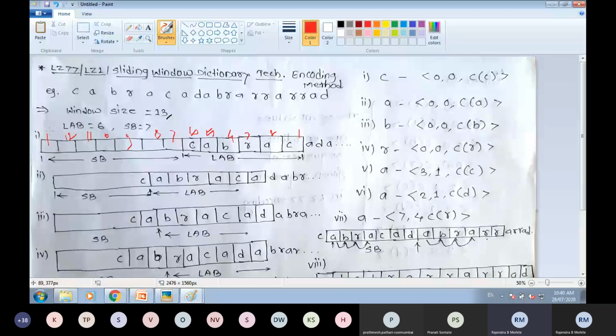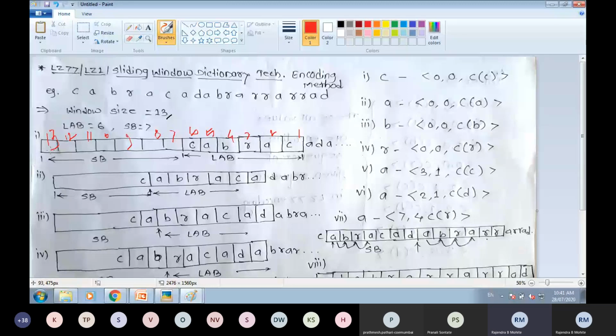Keep in mind that whenever you use LZ77 and the sliding window technique, every time you have to represent the window for the encoding process as well as the decoding process. This is the first thing.